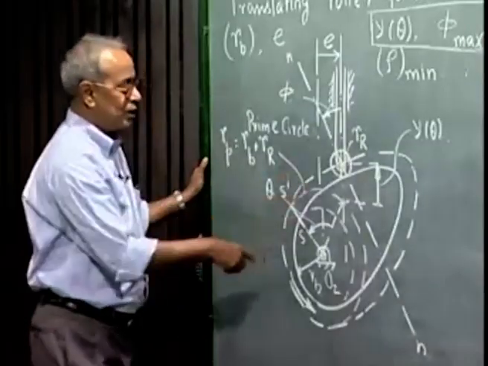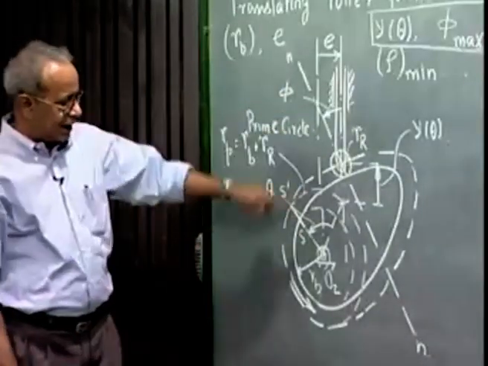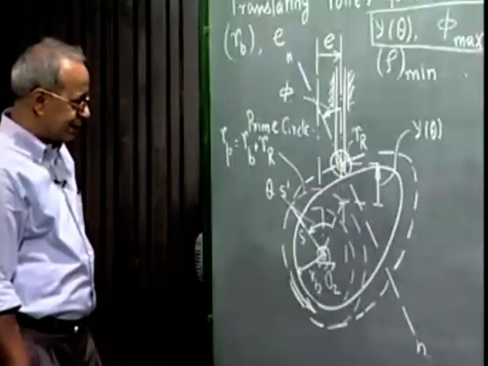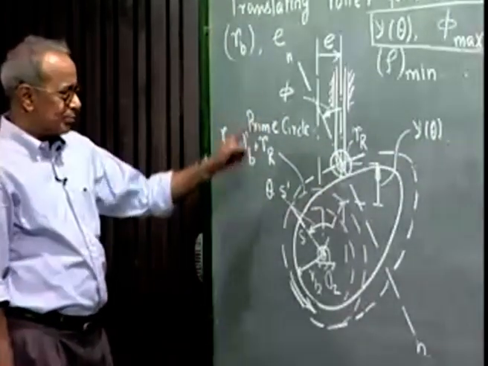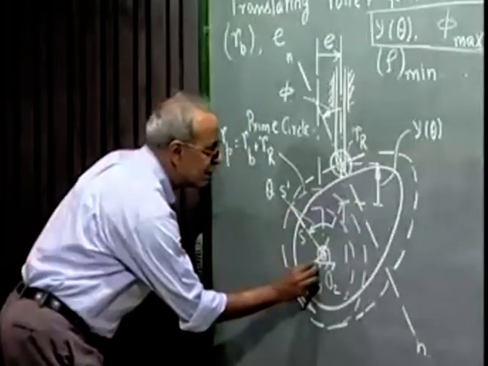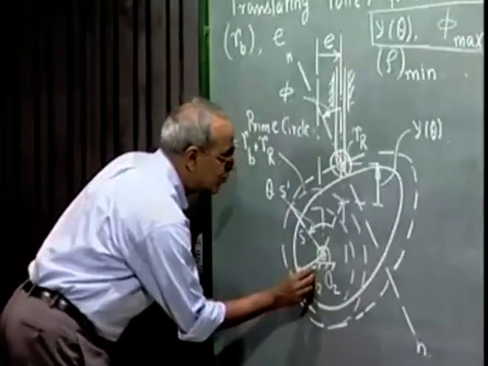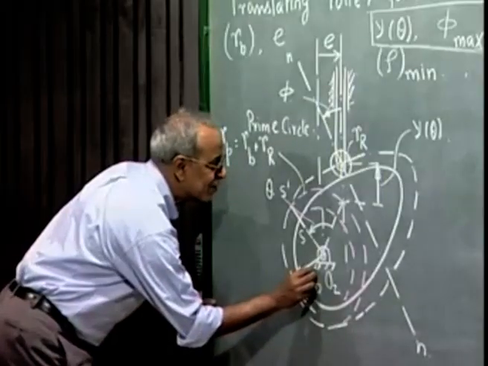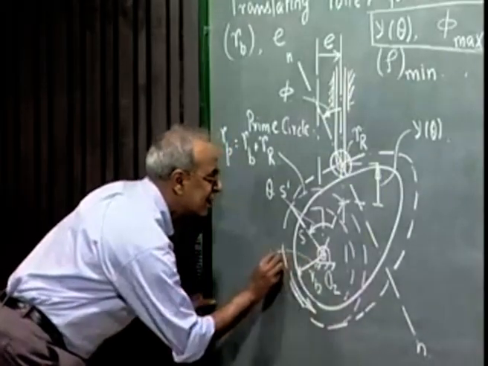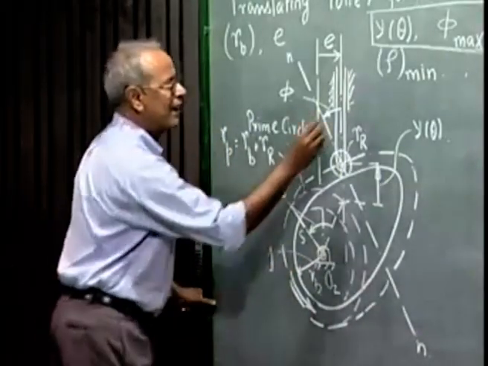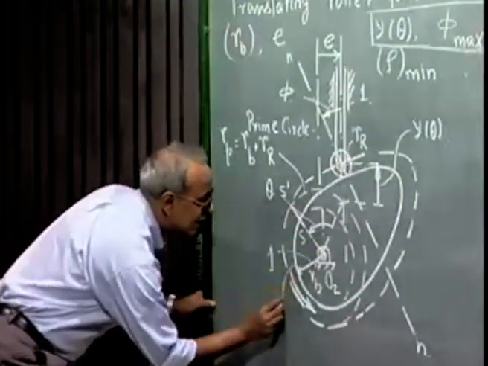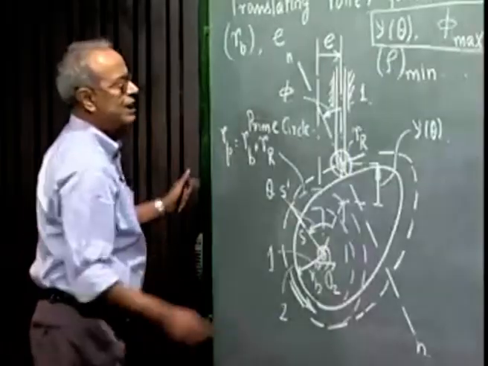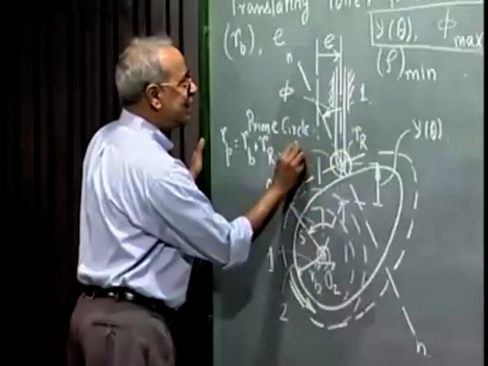Now, to determine the pressure angle in terms of these geometrical quantities, I take advantage of the Aronhold-Kennedy theorem. This is a mechanism, as we see, of 4 rigid bodies. The fixed link, that is 1. The cam is 2. The roller is 3.